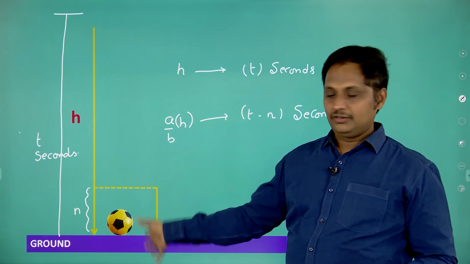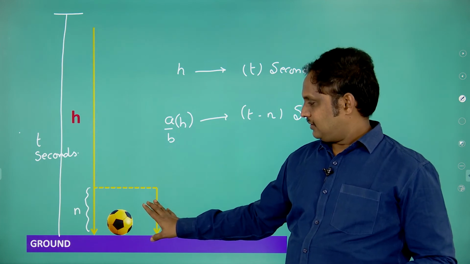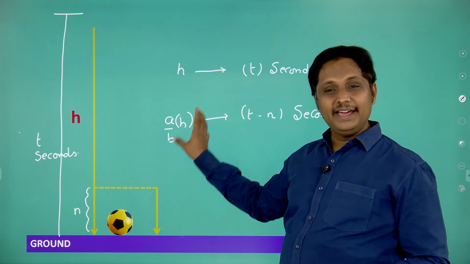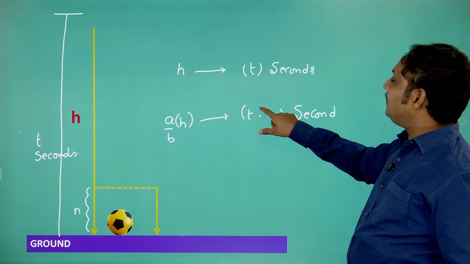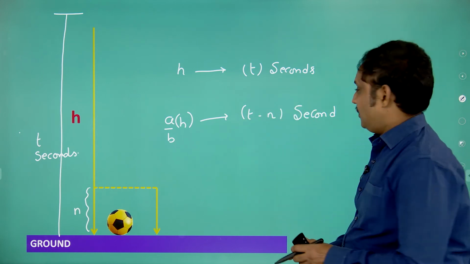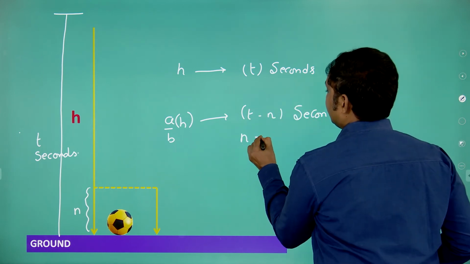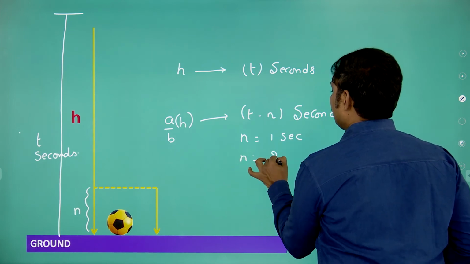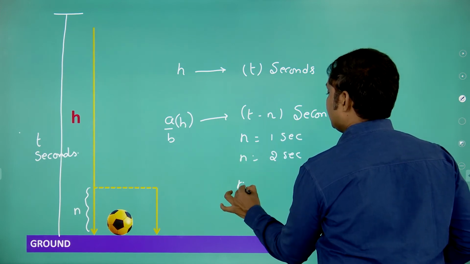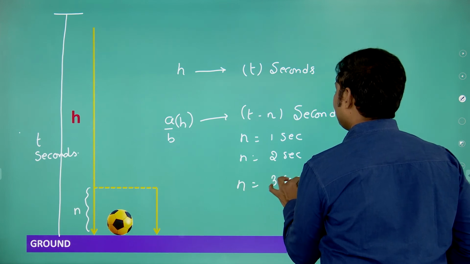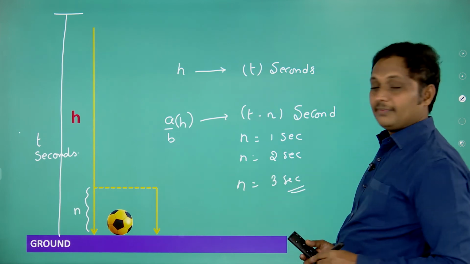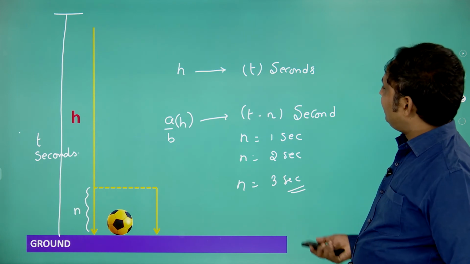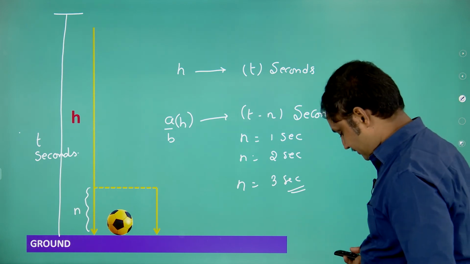It is given by A by B H in the time of t minus n seconds. So we take n equal to 1 second, or n equal to 2 seconds, or n equal to 3 seconds. We can easily solve this problem, whatever it may be.